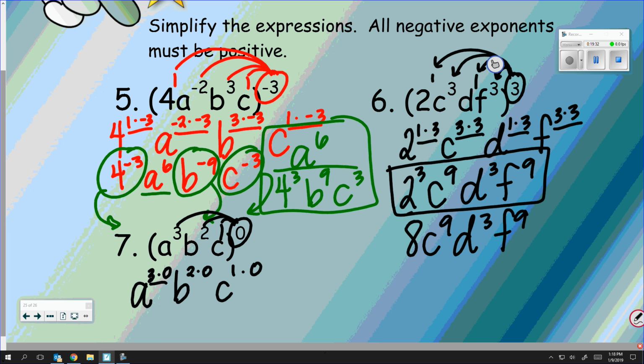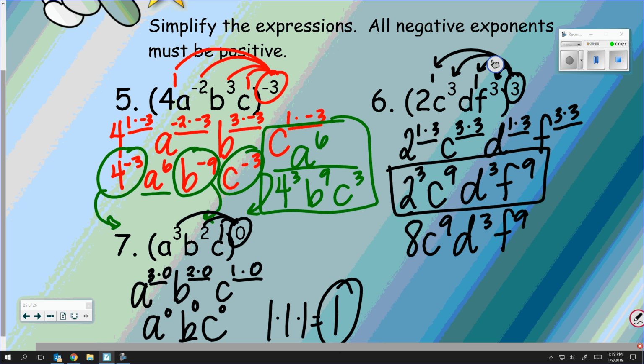So 3 times 0 is 0, B is 2 times 0, which is 0, and C is 1 times 0, which is 0. A to the 0 power is 1 times B to the 0 power, which is 1, times C to the 0 power, which is also 1, which would equal 1.